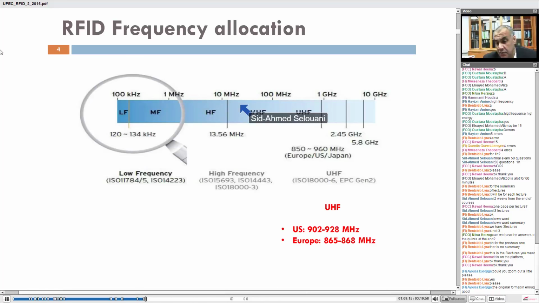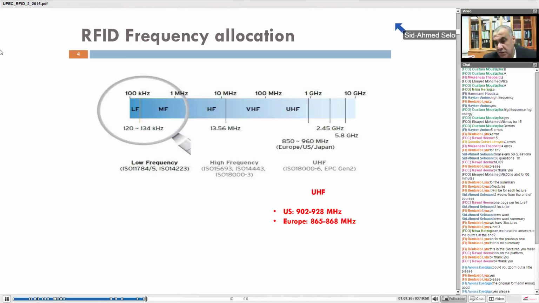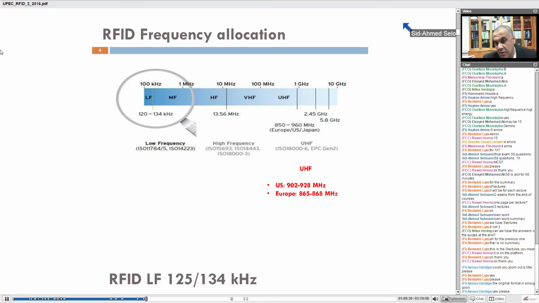The frequency allocation is very important here. Remember, in your quiz, you will have a question about that. Jigjiga, yes, what do you mean? Do you mean that I will reduce this one?